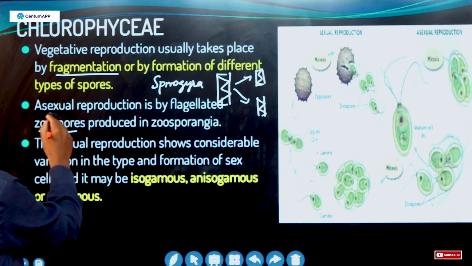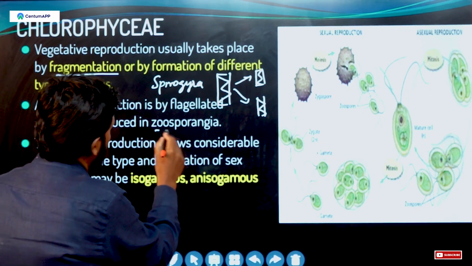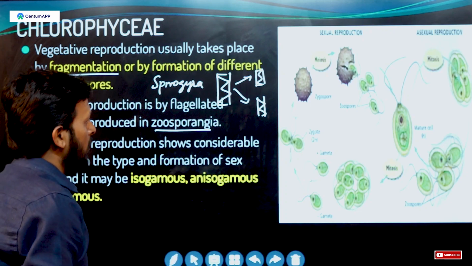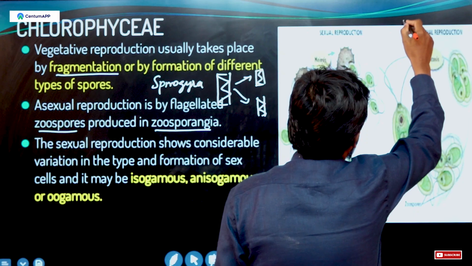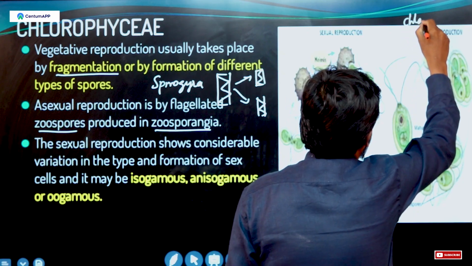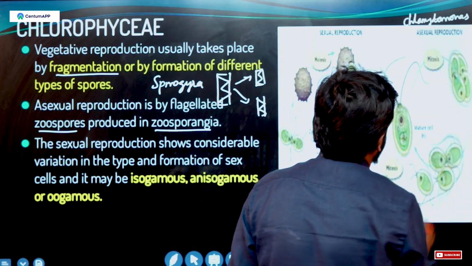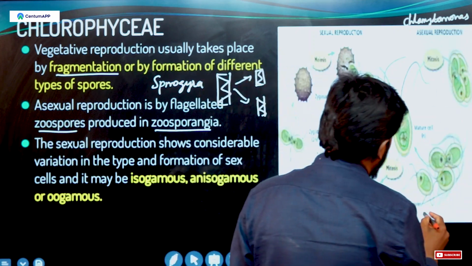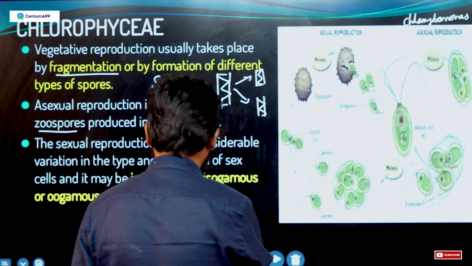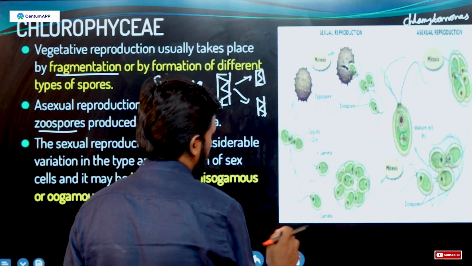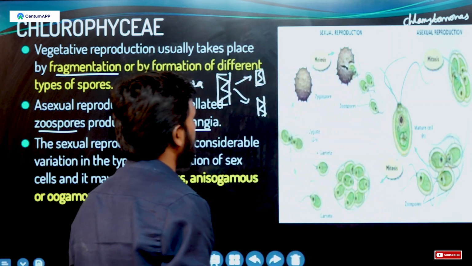Asexual means the absence of sexual reproduction; only a spore is produced. That spore is formed in a zoosporangium, mostly in Chlamydomonas. This is zoospore formation, where zoospores move to many places.